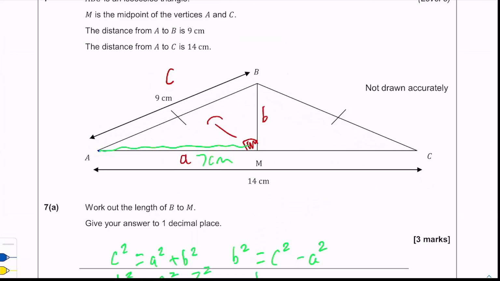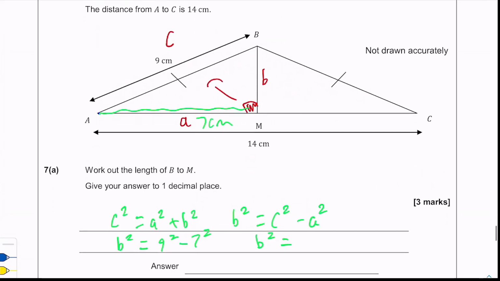Okay, so B squared is equal to, let's grab the calculator again. So we've got 81 take away 49, which is 32. So B is equal to the square root of 32, which to one decimal place is 5.7, and the units are centimetres for this one.